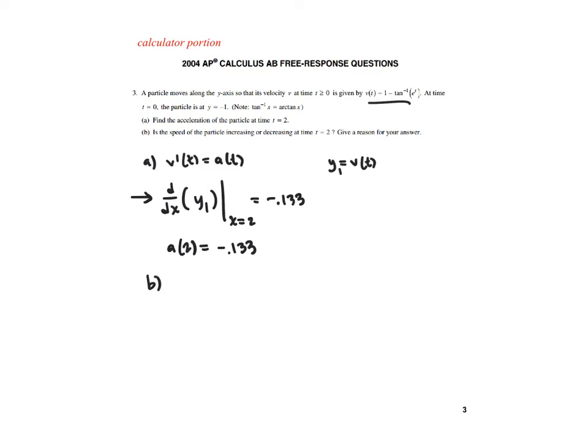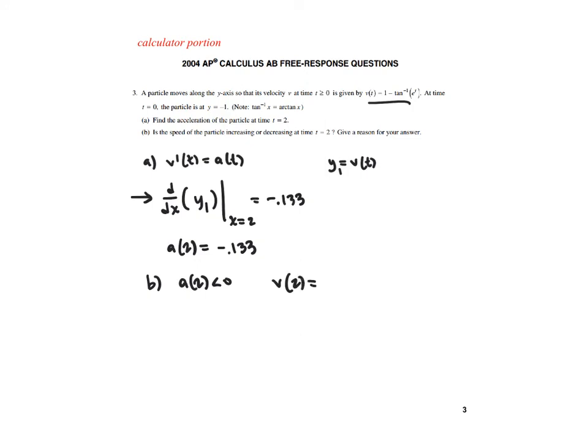Part B says, is the speed of the particle increasing or decreasing? So is it speeding up or is it slowing down? Give a reason for your answer. So we already know acceleration at time 2 is less than 0. Let's find the velocity at time 2.